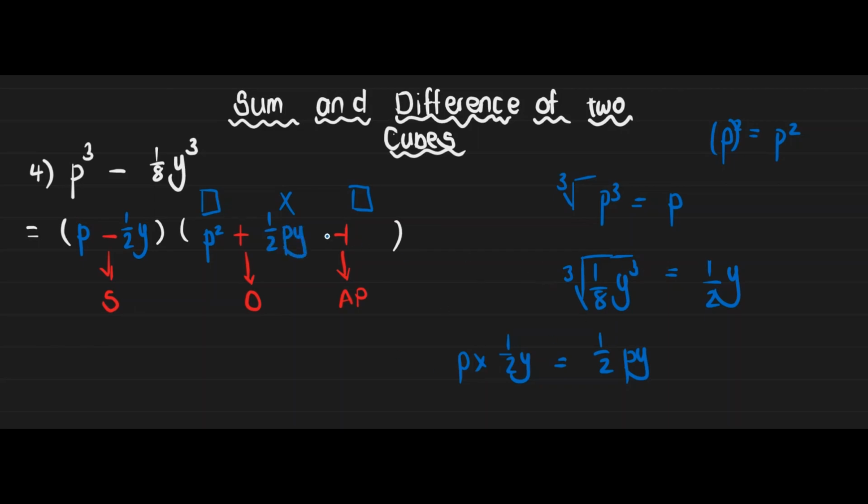And the last one says square the last term. So it's 1 over 2y all squared, which is going to give me 1 over 4y squared. And this will be your final answer.